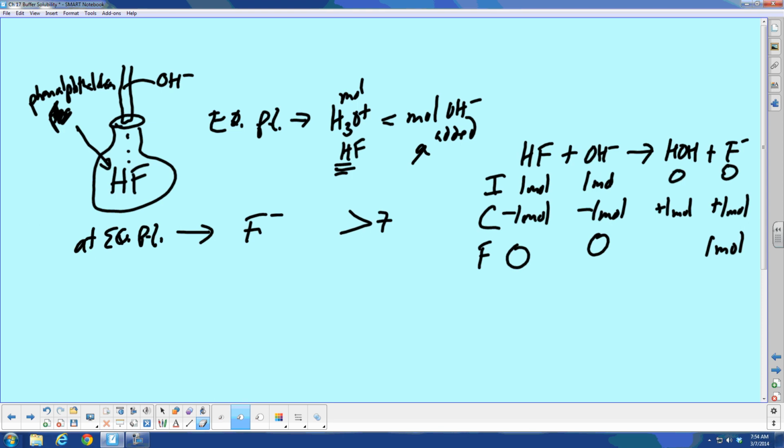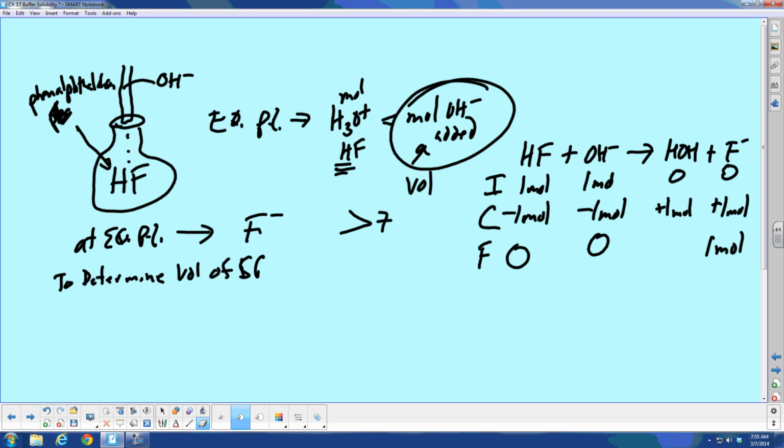Now let's talk for a minute about how I determine the liters. How do I figure out the volume of my hydroxide needed to reach the equivalence point? All right. So to determine the volume of strong base to reach the equivalence point, what am I going to do?